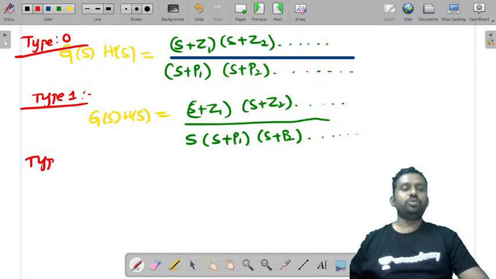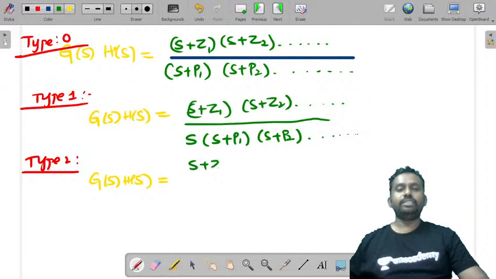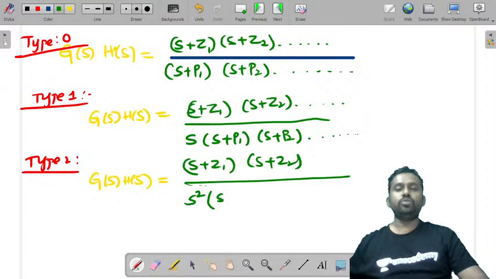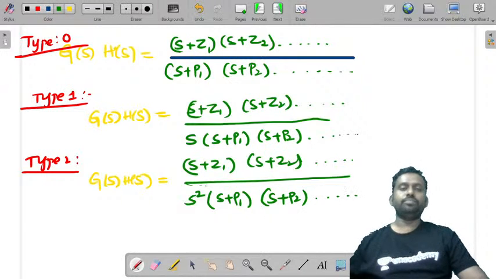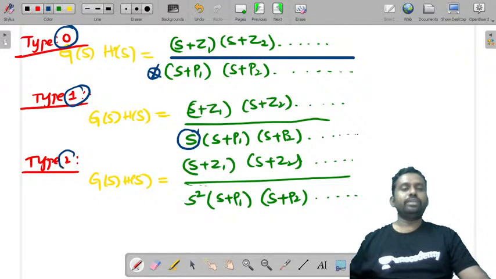Similarly, for a type 2 system, G of s into H of s is written as (s plus z1) into (s plus z2) by s square into (s plus p1) into (s plus p2) and so on. Now let me give you a brief idea about this. Type 0, there is no pole at the origin. Here you don't find any s simply. In a type 1 system, you have one pole at the origin. Type 2 system, you have two poles at the origin. These are not the poles at the origin. These are the poles at some different location.